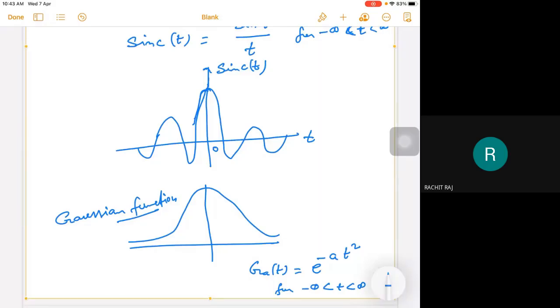That is represented by e to the power minus a t square, for t from minus infinity to plus infinity. Okay, so these are some important signals or functions available in your subject, and we will solve some numerical problems based on these functions. Okay.